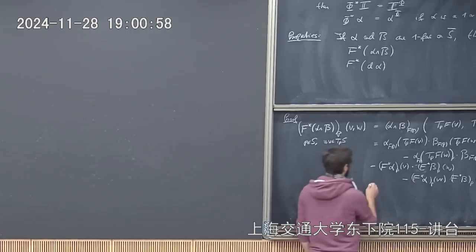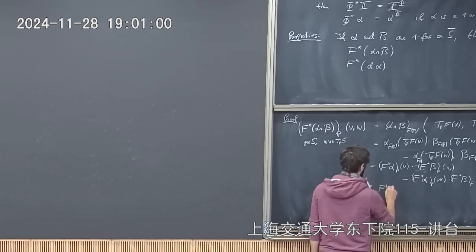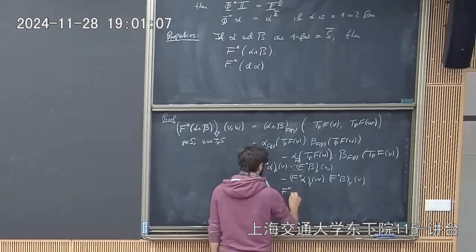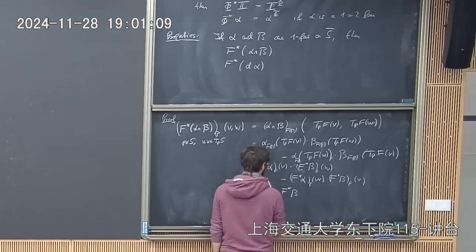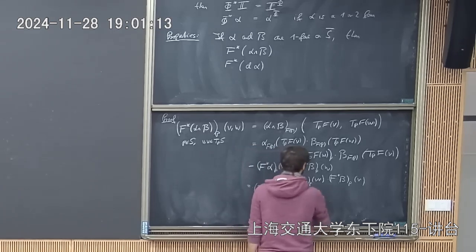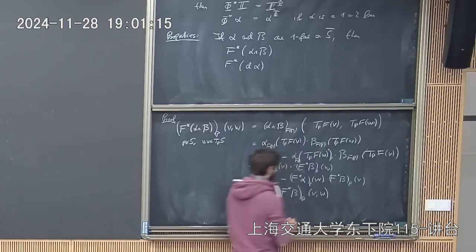Namely, it's the wedge product of the one form alpha on S times the one form beta, also on S, and then evaluated on these two vectors.